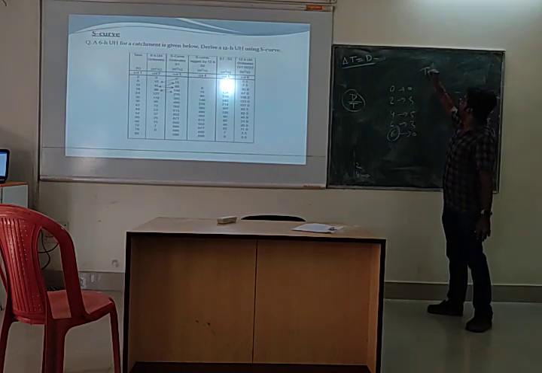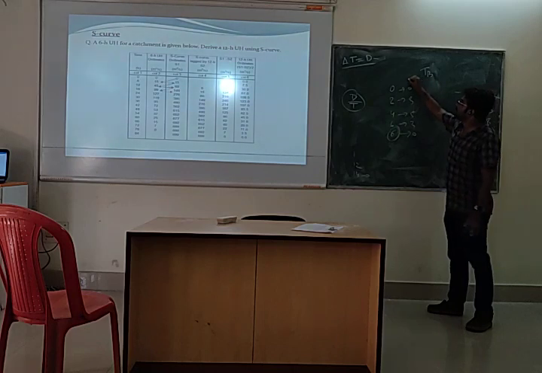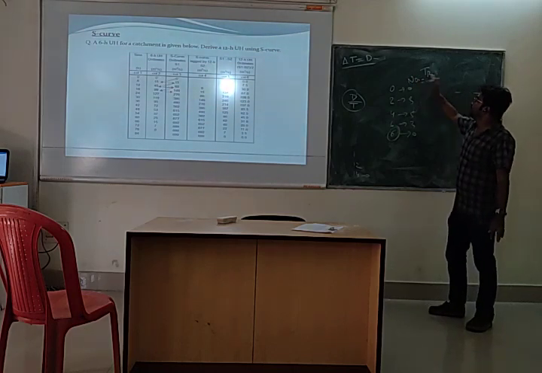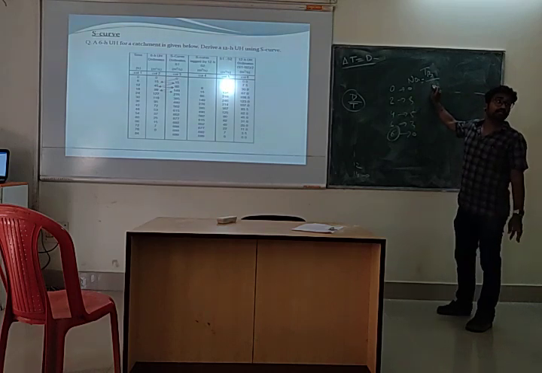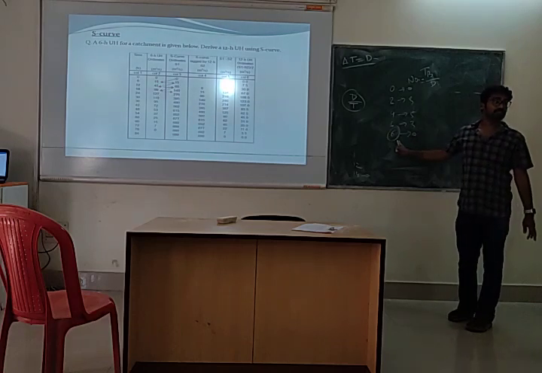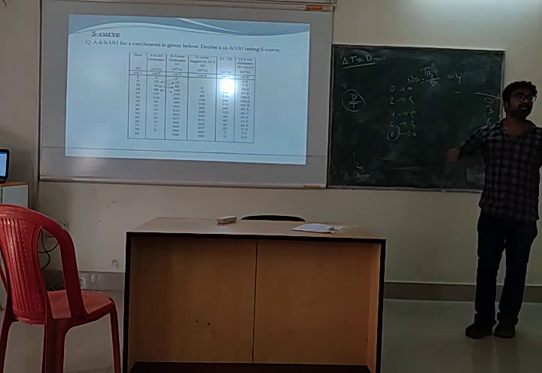Suppose the base time is TB. The iteration number, how many times you have to iterate, will be TB divided by the duration. This TB was equal to 8 and the duration was equal to 2. So 4 times you have to iterate it. Then you will get the constant value.